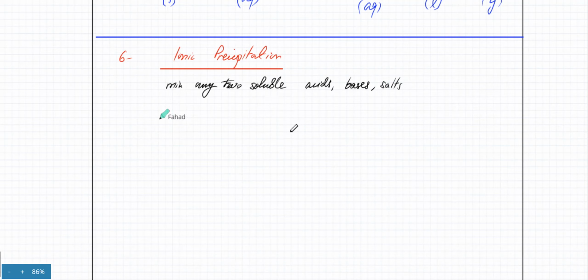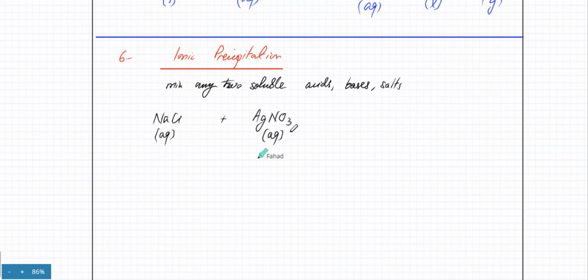So for example, I mix NaCl with silver nitrate. So any two things can be mixed together. NaCl is soluble, group 1. Silver nitrate, NO3 वाली चीजें सारी soluble होती हैं. That's also soluble.